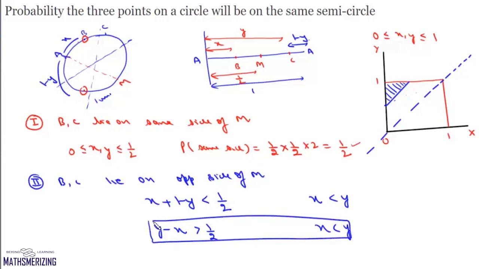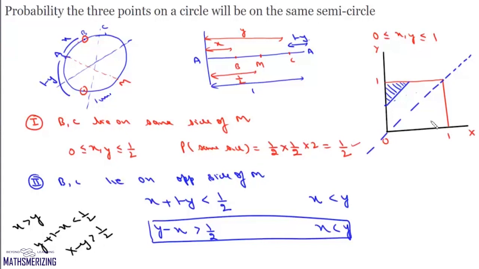Now we'll also have the second case when X is greater than Y. In that case, we get the condition that Y plus 1 minus X should be less than 1 by 2, which is X minus Y greater than 1 by 2.